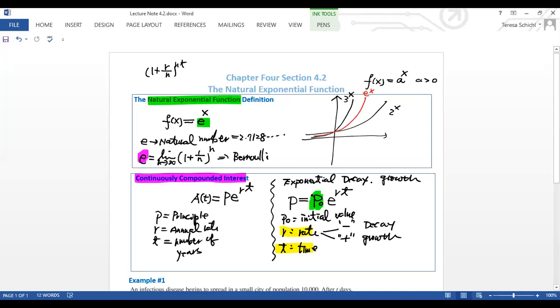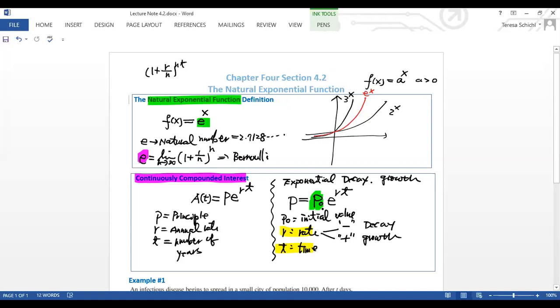That means if P0 is initially 100 viruses, then after 6 hours, P, the end amount, is only 50 viruses. That's what we call the half-life, right? So the R here for the half-life will be negative one half because you decrease by half every time.